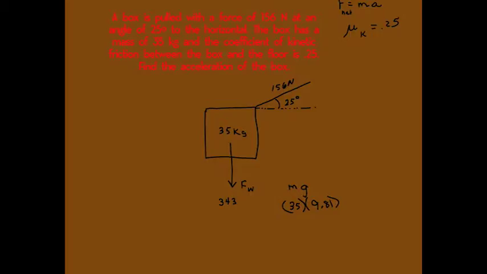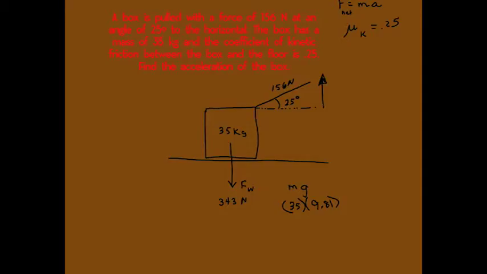Now you remember when we looked at one of these previously that our box was sitting on a horizontal surface, and so we just used the same force for the normal force in the upward direction. But that's when we had an applied force that was horizontal. Here we have one that's at an angle. So we can't use the number for the weight because some of the normal force is being taken out by the vertical component of our applied force.